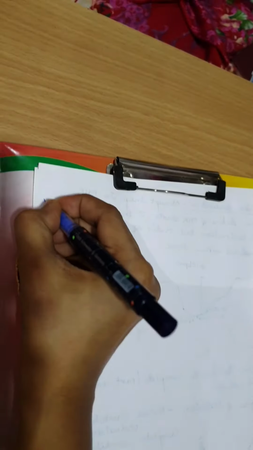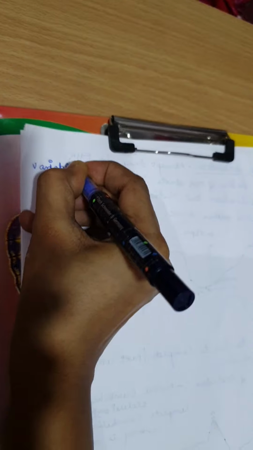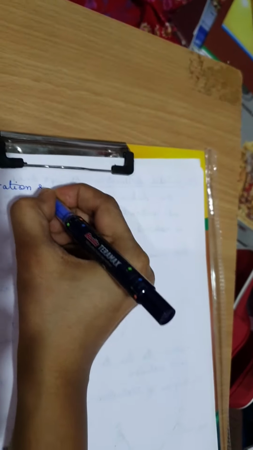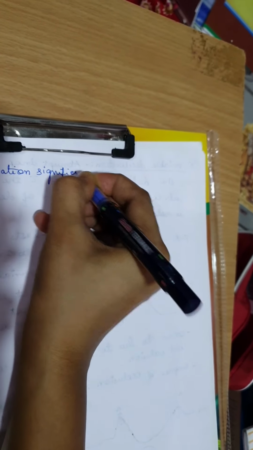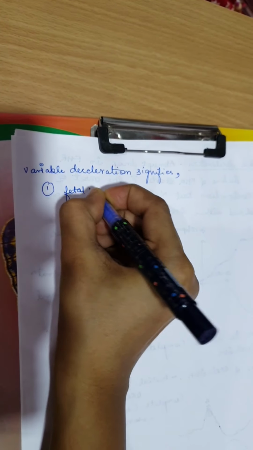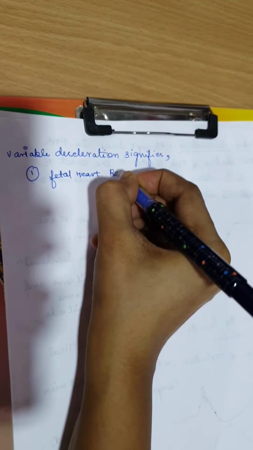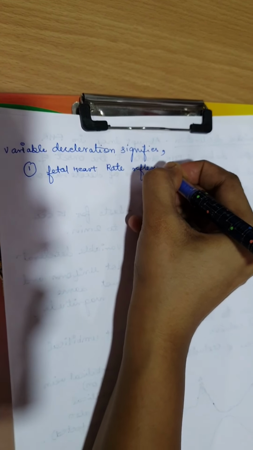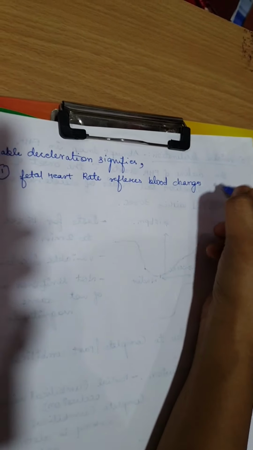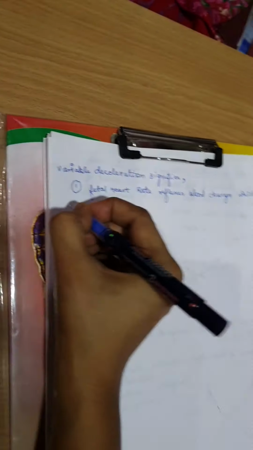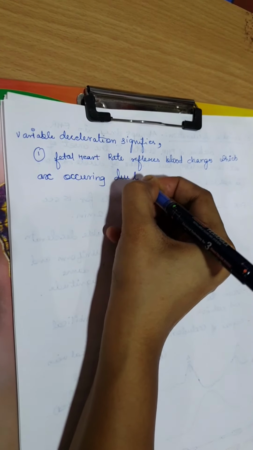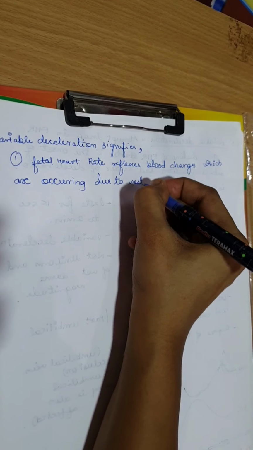So variable deceleration signifies, first, the fetal heart rate reflects blood pressure changes which are occurring due to restricted umbilical blood flow.